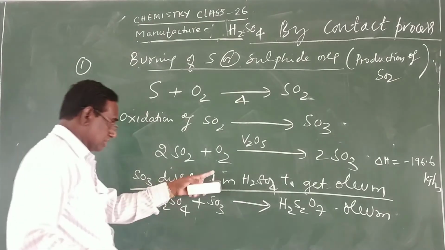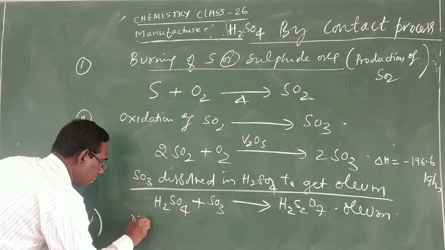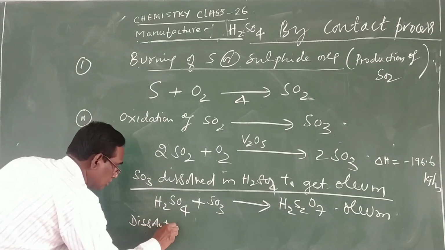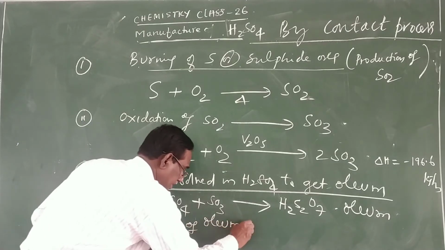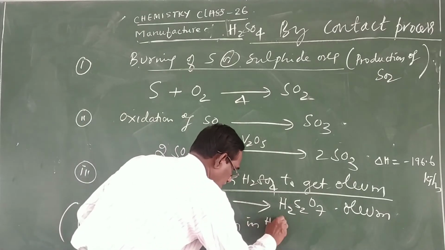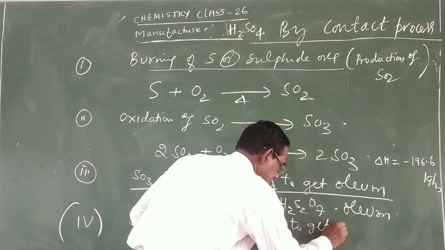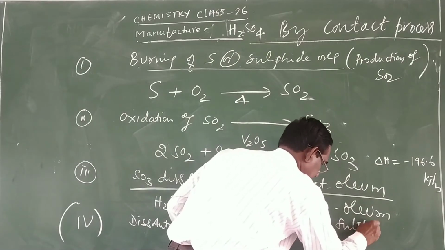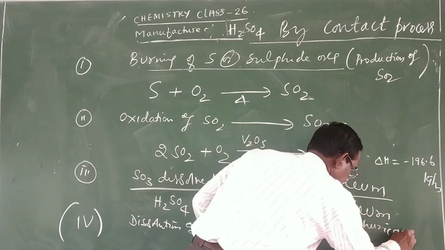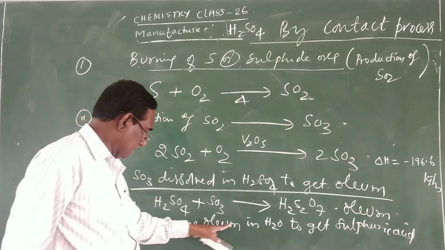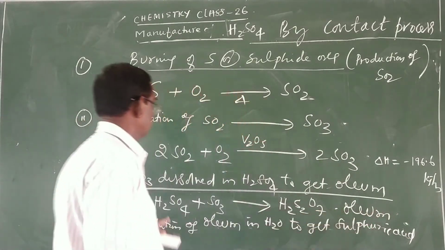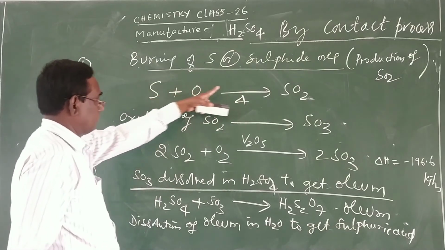In the fourth step, dissolution of oleum in water to get sulfuric acid. See here, dissolution of oleum in water to get sulfuric acid. That means in the first step, sulfur dioxide is obtained.